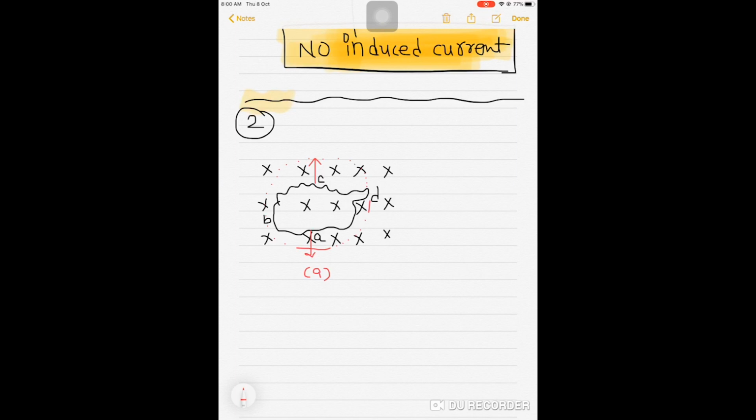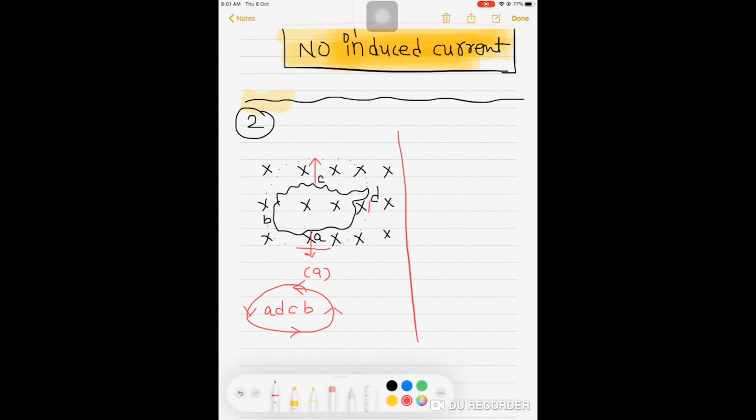So obviously here we will get the current that is anti-clockwise on the path A, D, C, B. Now we will move to the next figure.